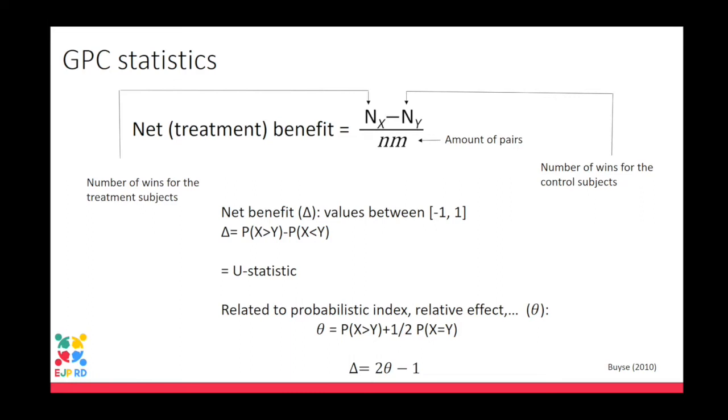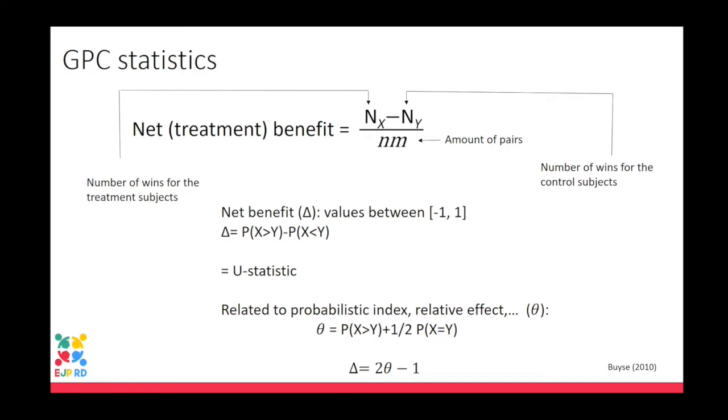If that value is below 0, then it's actually not a good idea because then the comparator is better than the new treatment. And so we can translate the net benefit also into a probability. In fact, it estimates the probability that a patient in the new treatment will do better than a random patient in the comparator minus the reverse.